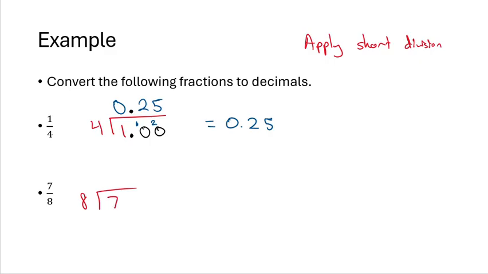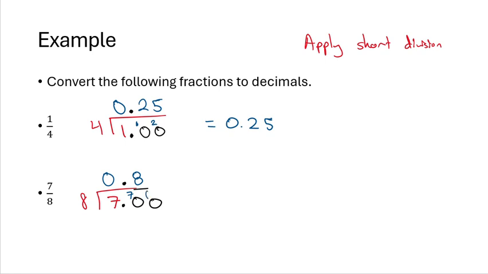Same thing with here. I have 7 divided by 8. Put the decimal point afterwards. Put it there as well. I'm just going to chuck in 1 0 for now, but I never know when I need it. So 8 goes into 7 0 times. The 7 gets attached to the 0 here. It becomes 70. 8 goes into 70 8 times. So you see here how I'm just adding zeros as I go.